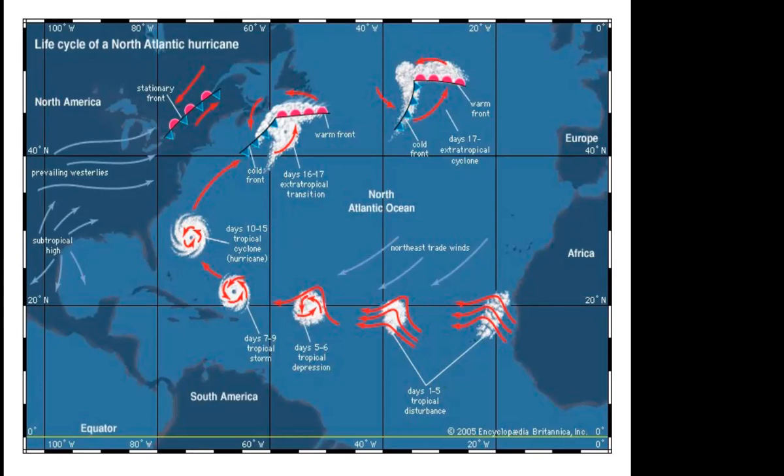A cold front. If we've got red semicircles, a warm front. If we've got red semicircles and blue triangles on opposite sides, stationary. And then if we've got purple, occluded, right? Okay, so we see some of those mixed in. We've got stationary over here, cold, warm.